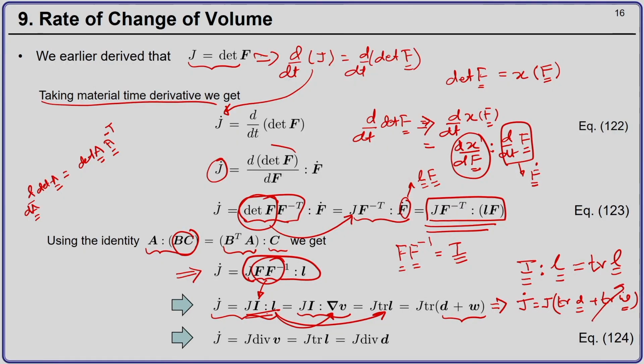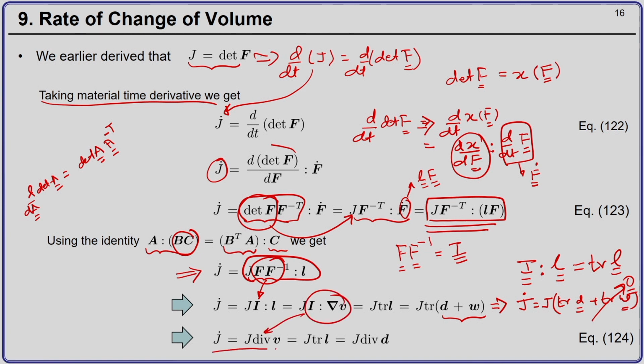The trace of an anti-symmetric tensor is 0, which means I can write J dot in terms of the divergence of V. I contracted with the gradient of a vector quantity is equal to the divergence of that quantity.